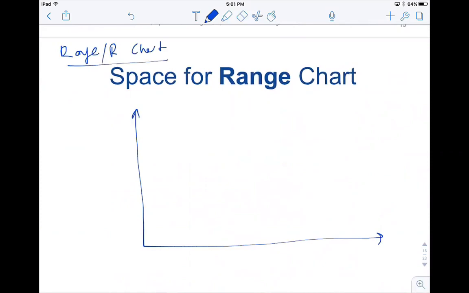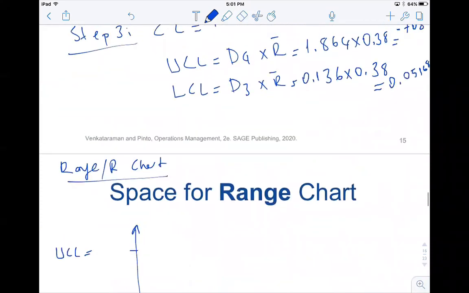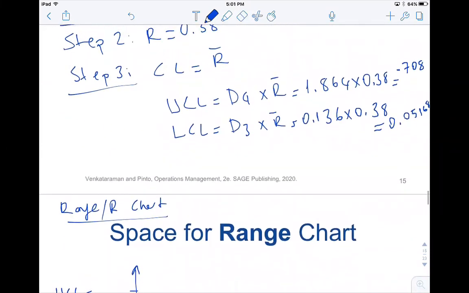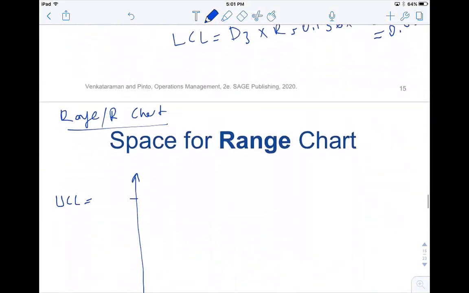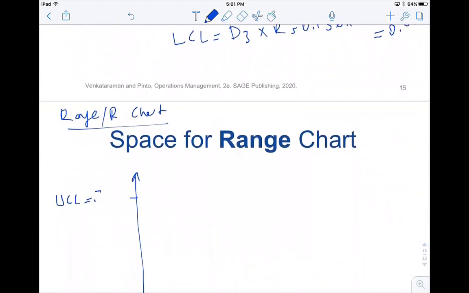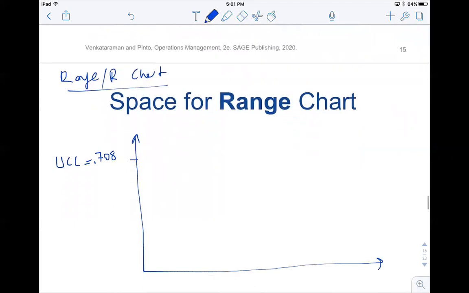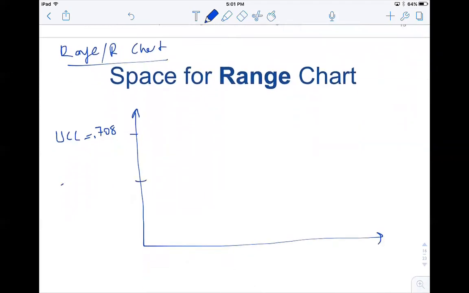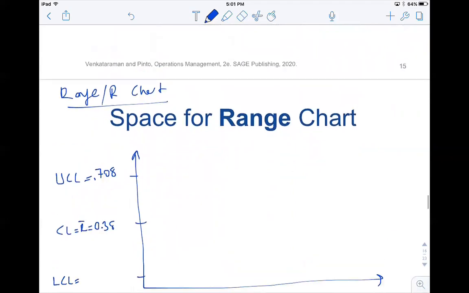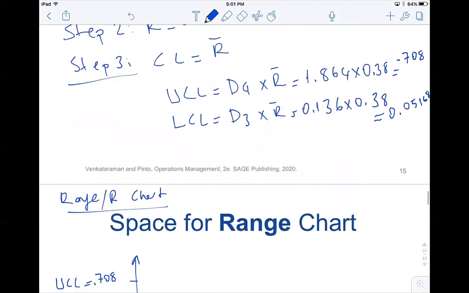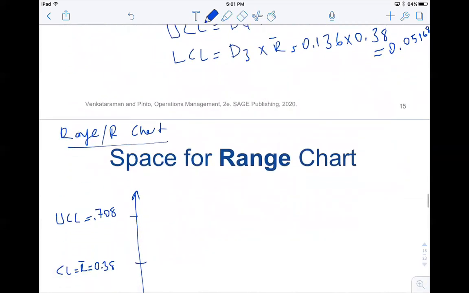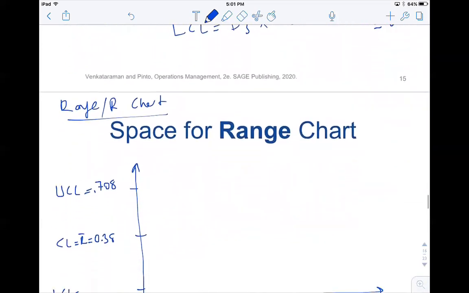On the y-axis, I do have UCL, and that is 0.708, and my center line is equal to my R bar, and that is 0.38, and my lower control limit is equal to 0.051, I will just say 0.0517.